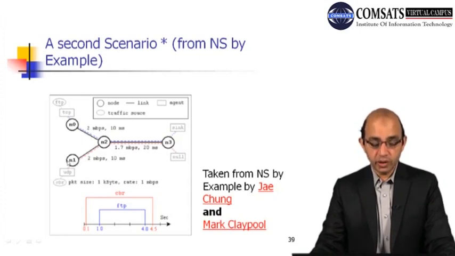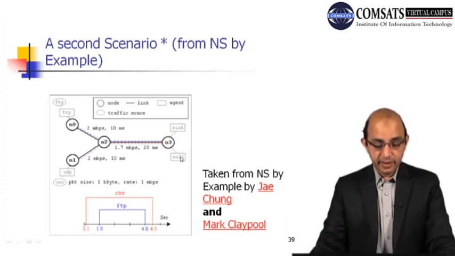If we talk about N1 and N2, then you can see the channel is 2 megabit per second, and again the delay is 10 millisecond. For N2 and N3, bandwidth is 1.7 megabit per second, and the delay is 20 millisecond, and this is the sink, and here we have null.